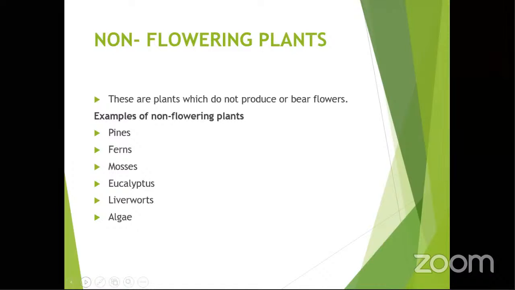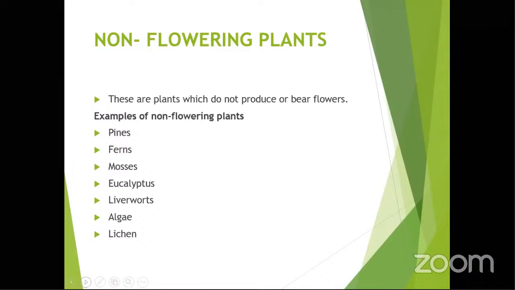When you look at these non-flowering plants, you get to realize that they are joined, because we have two groups of non-flowering plants. This is where I want you to be able to give me those groups.